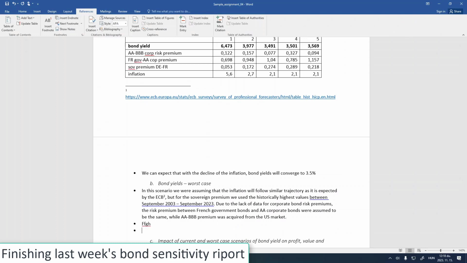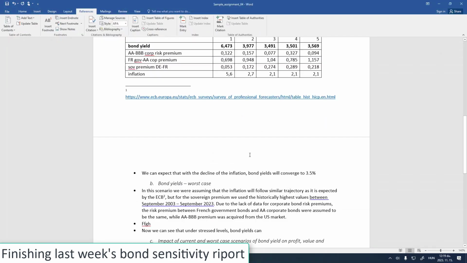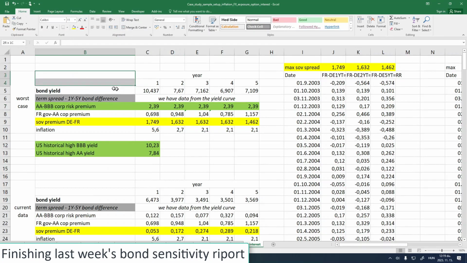Then we will put the table here, and at the end of the day now we can see that under stress levels bond yields can fluctuate around 7% in the medium run.